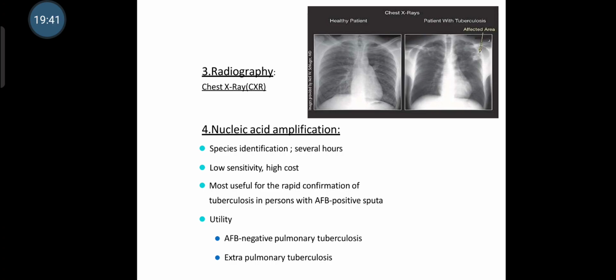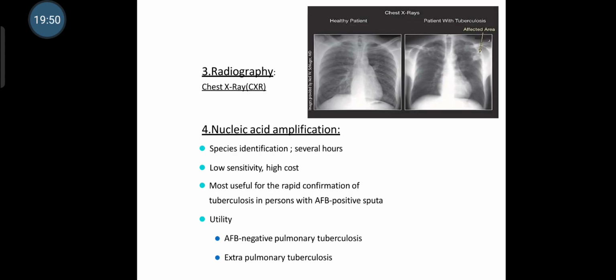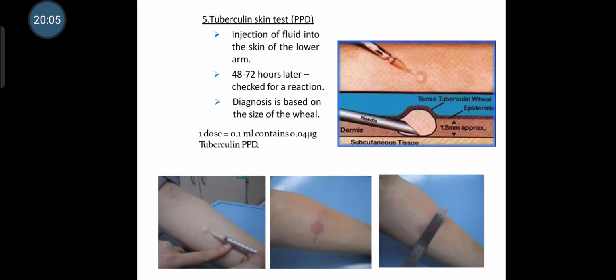Then AFB negative pulmonary tuberculosis. Here sometimes the acid fast staining is negative, but still pulmonary tuberculosis is there, and that can be found out by nucleic acid amplification. Extrapulmonary tuberculosis also can be diagnosed by nucleic acid amplification.